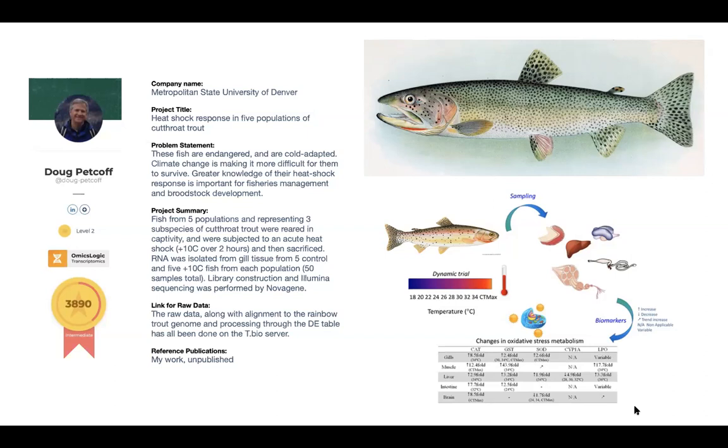And working with Colorado Parks and Wildlife, we're trying to determine which of these populations has genes, and we know a little bit about the phenotype, and we're trying to see if we can find biomarkers or something like that.